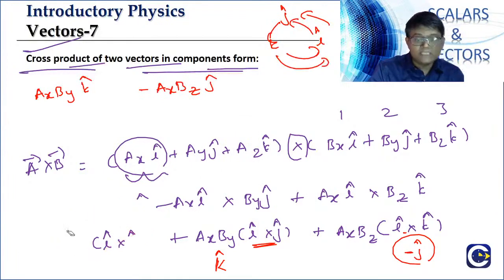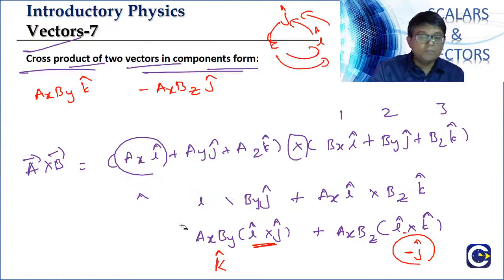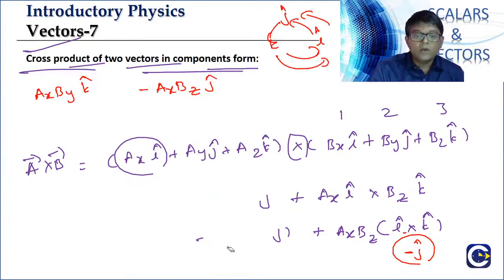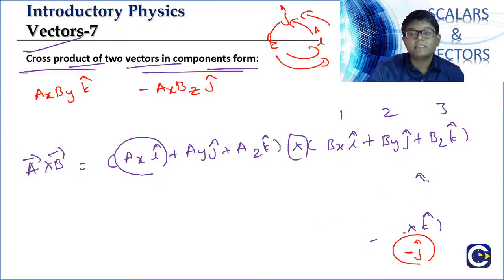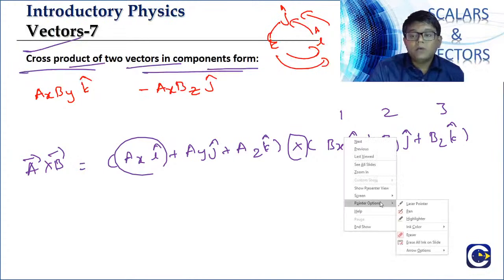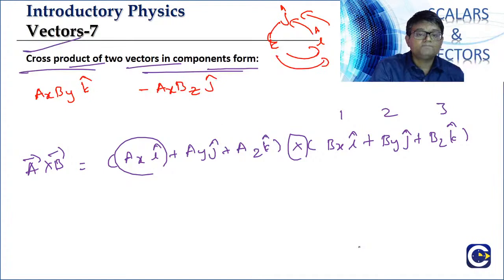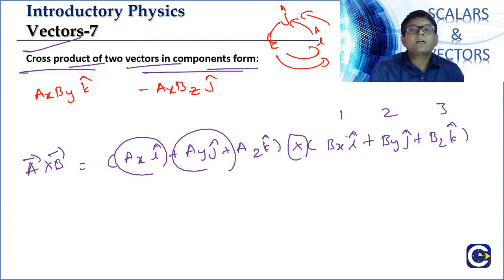Now you guys have understood the method. So can you parallelly work along with me for the second step of multiplication? What is the second step of multiplication, guys? We will take ay, the second term, ay into j, and then do the cross product with each of the terms in the b bar vector.